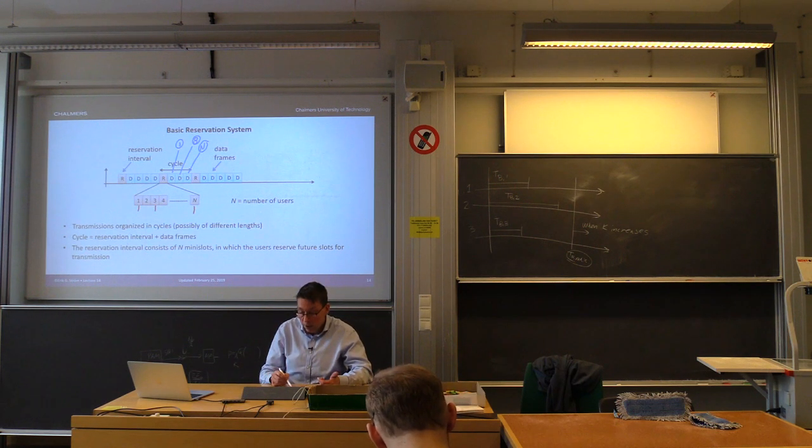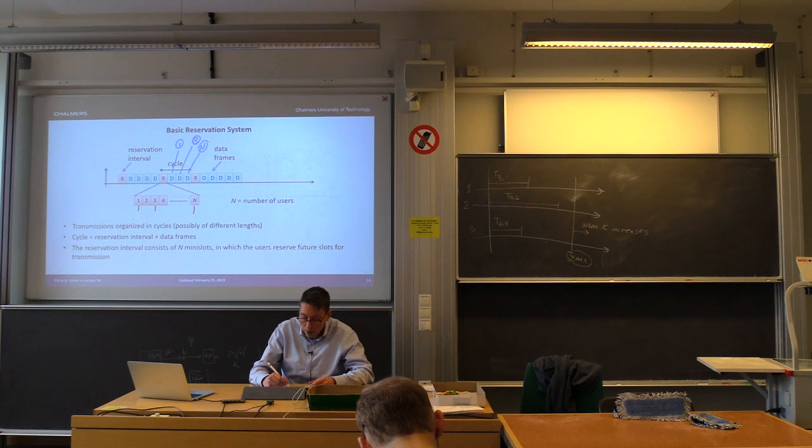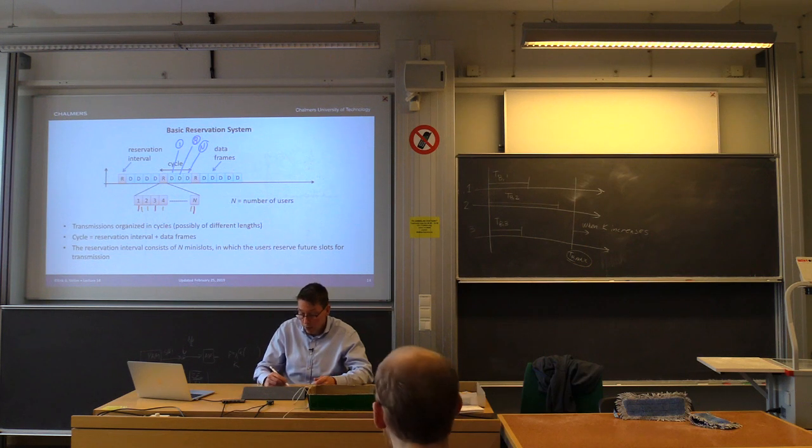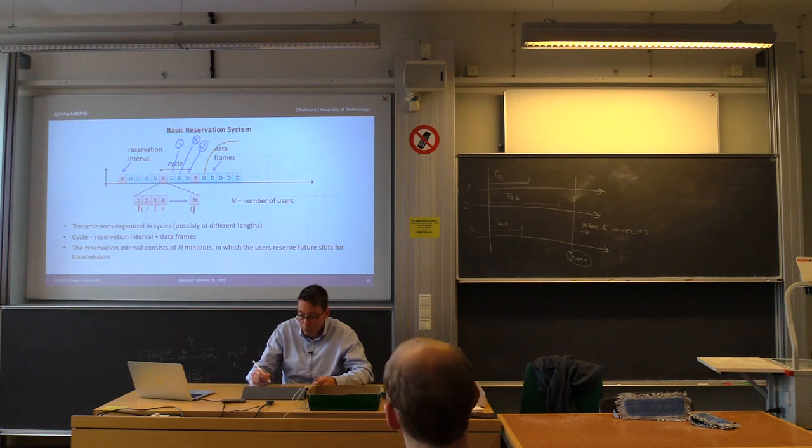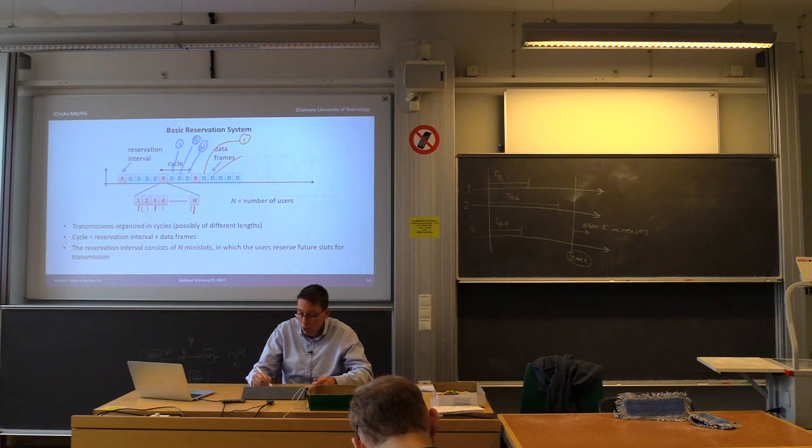And then there is a new cycle, and then, for instance, maybe in that cycle, user number 1, 2, 4, and N again said that they would like to transmit, then we know the order of transmission here. The first one would still be from user number 1 in this case. Number 2 would be from number 2.